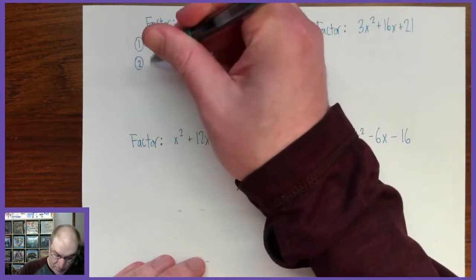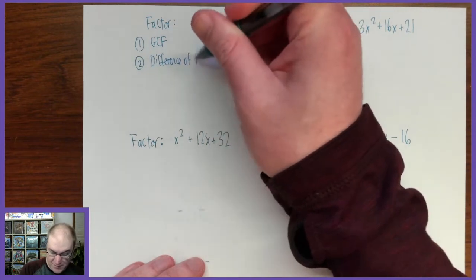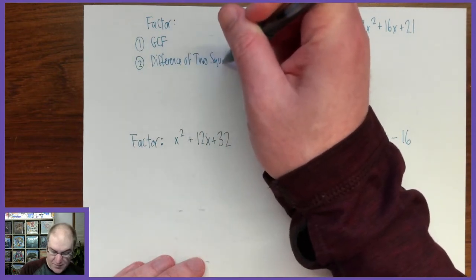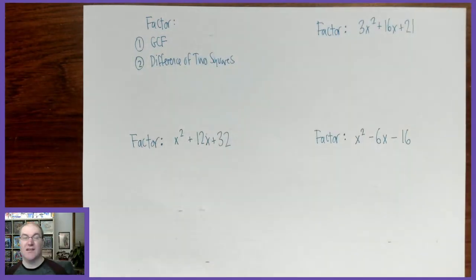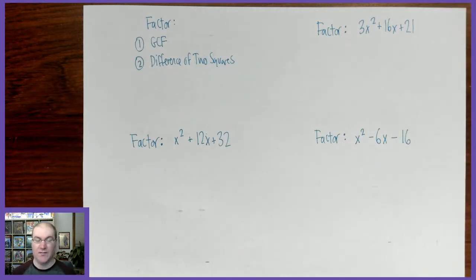And then you should check to see if you can use difference of two squares factoring. Now, we haven't talked about this yet, so spoiler alert, none of these are going to be difference of two squares.